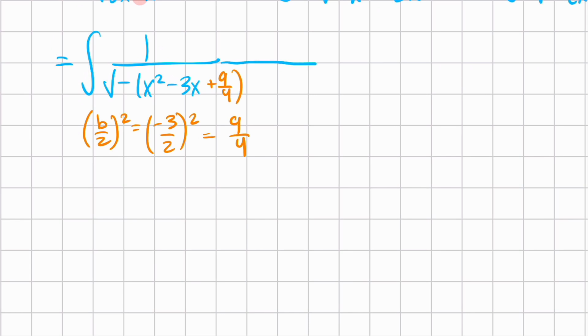Now, I want you to notice if I were to distribute that negative back, I would have -9/4. So I'm not adding 9/4 to the problem, I'm subtracting 9/4 because of distributing that negative. So since I'm subtracting 9/4, I want to also add 9/4 to make sure I'm adding 0 to the problem.